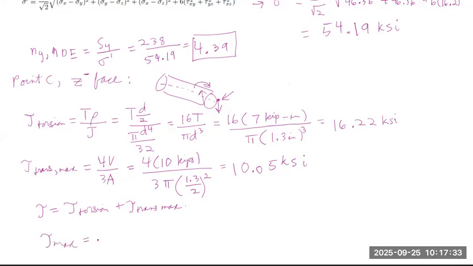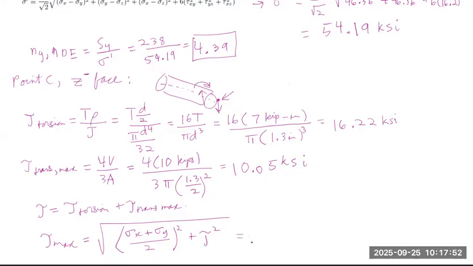Tau max is equal to square root of ((sigma x plus sigma y) over 2) squared plus tau squared. Because we don't have any normal stress due to bending, sigma x and sigma y are both 0.